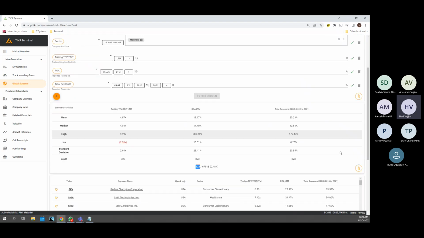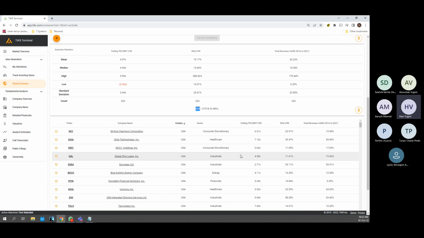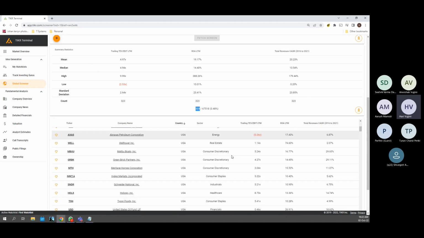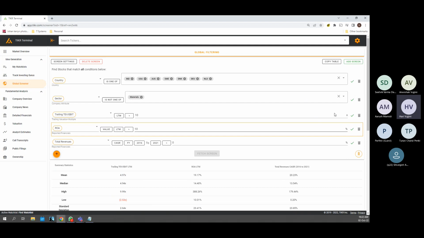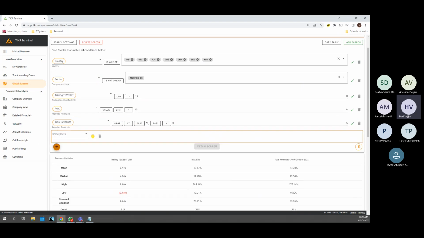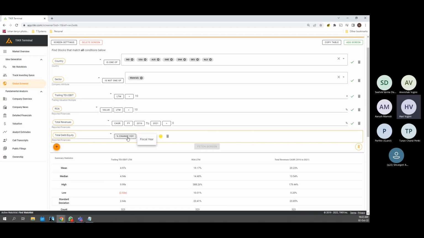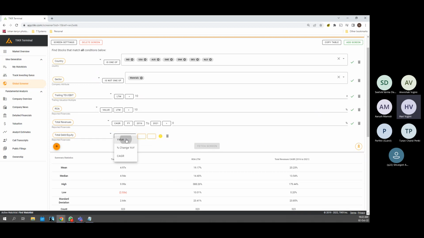So, yeah, in US we have this company. So I would also add one more: debt to equity. So let's put it percentage-wise.